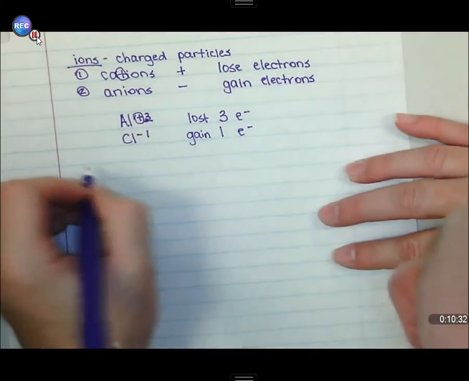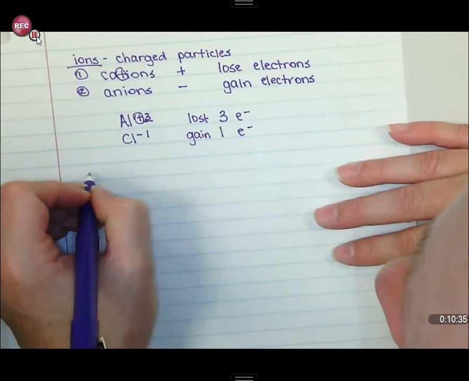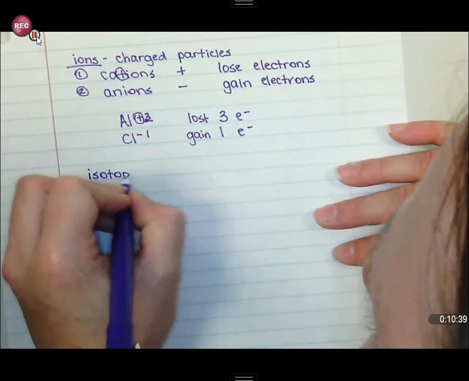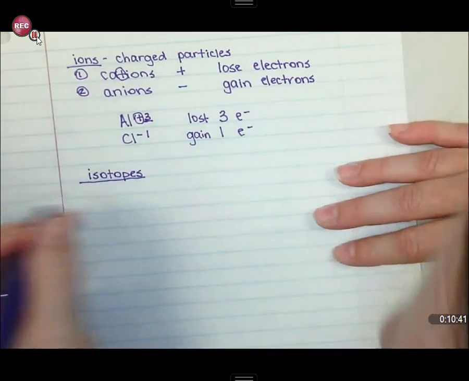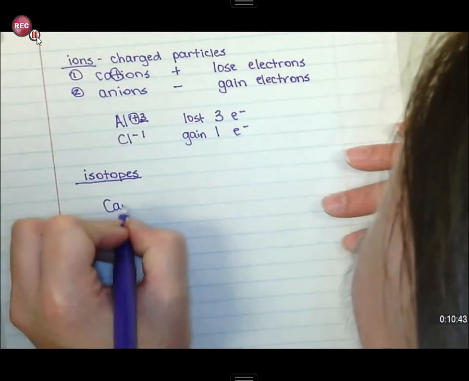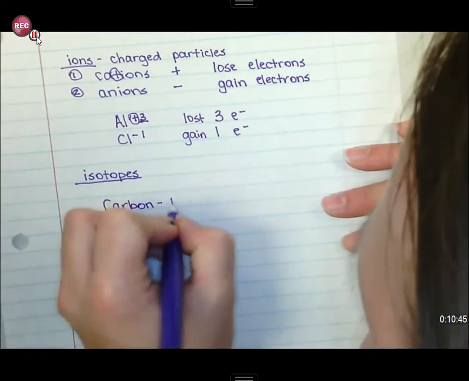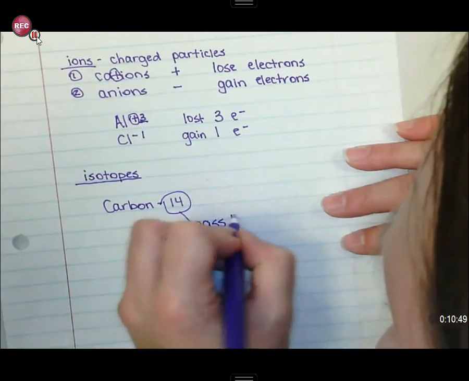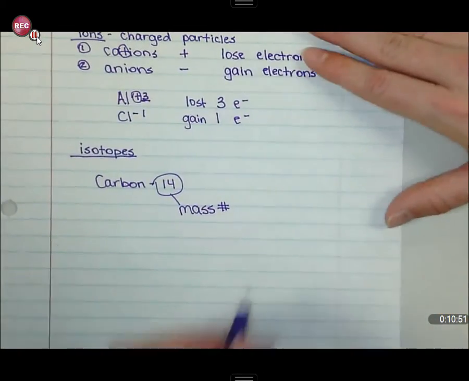And then the last thing we went over were isotopes. Remember with the isotopes we have something like this. That means carbon 14. And 14 is your mass number. And then we have isotope notation.